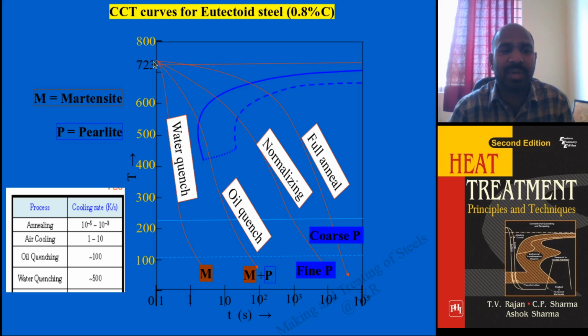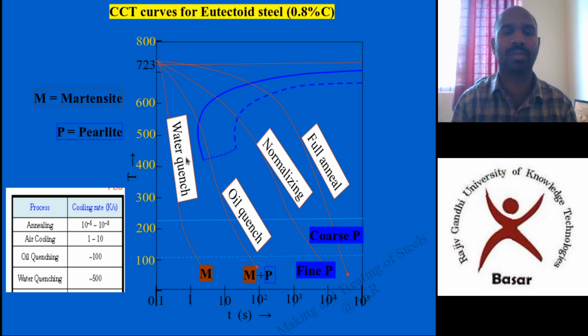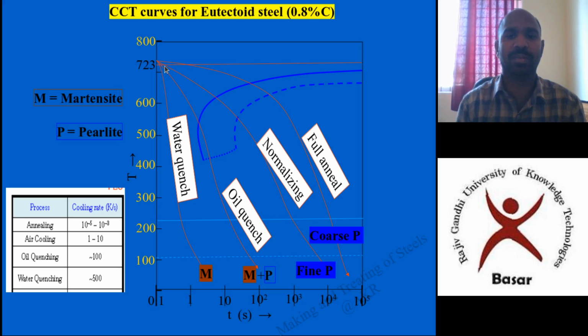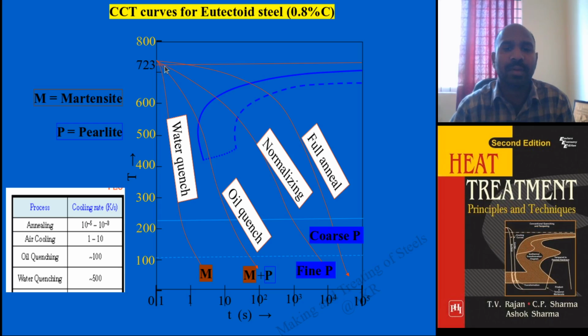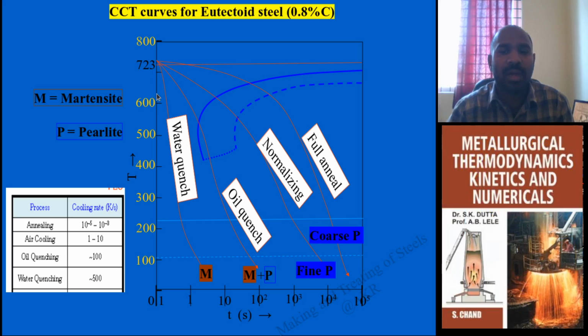For example, if you take water quench, the eutectoid steel is heated at that particular 723 temperature, soaked for 1 hour and cooled in water. So temperature drops with this much difference, 600, and this much. This is the cooling rate at 600.